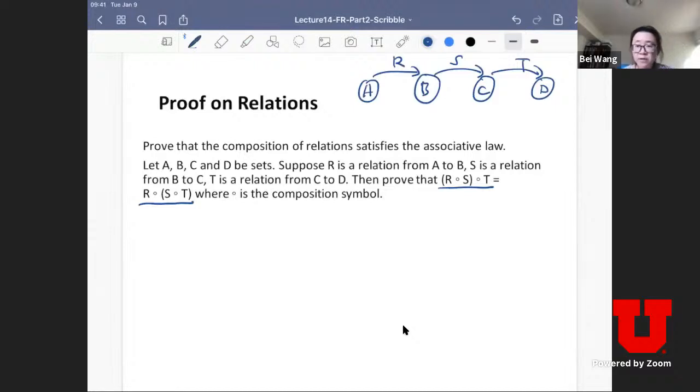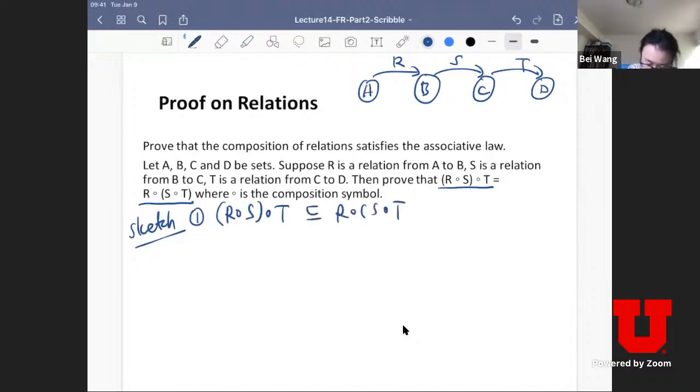It's a minor modification from the proof we had in recitation 7. In part 1, what we want to show is that the left-hand side is a subset of the right-hand side.